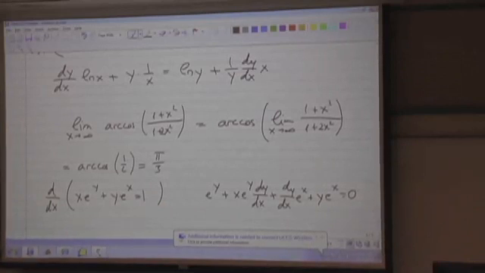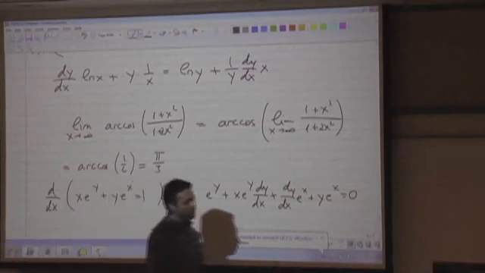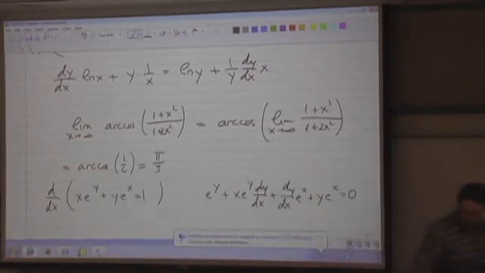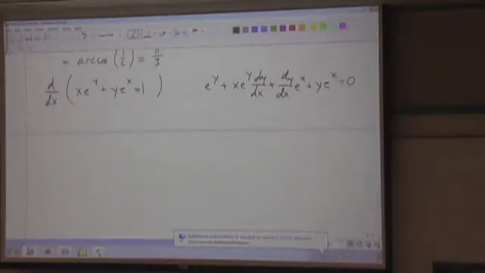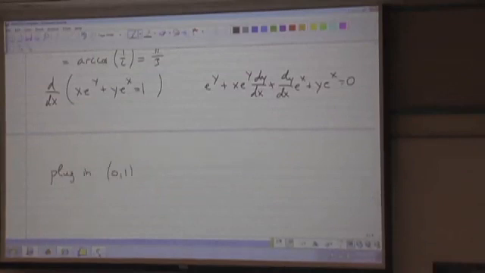Now, of course, I can solve for dy over dx, but I figure what's the point? We can make our life a lot easier and plug in the point (0, 1). Why? Because some things will cancel out. Whenever you see x, there's just going to be 0. So for instance, the second term is x times whatever stuff. I don't care because it's 0 times whatever that is.